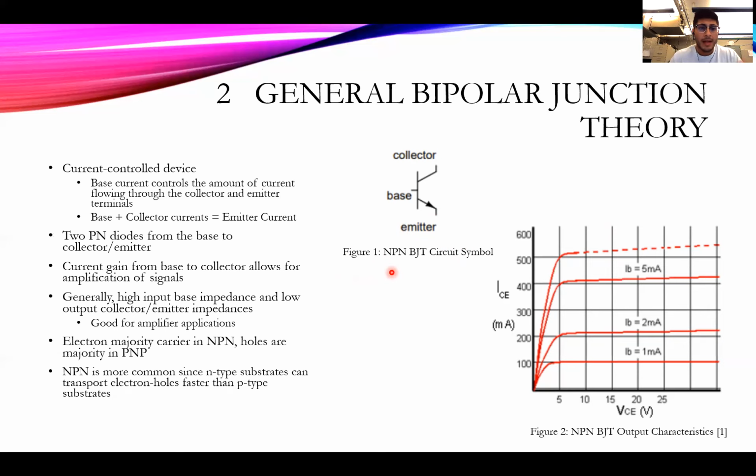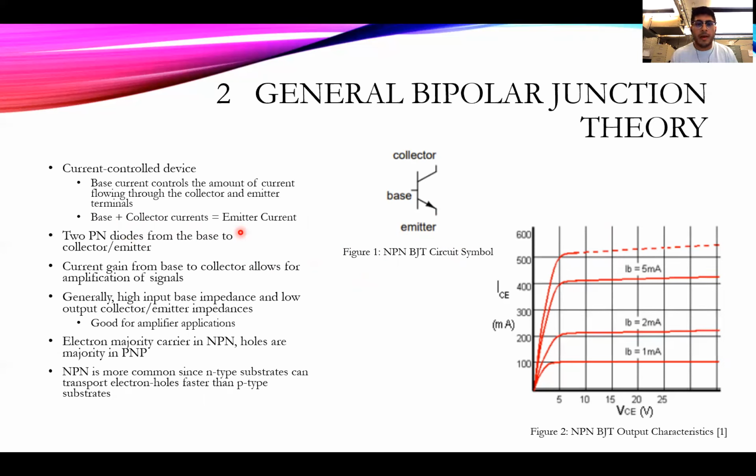NPN means the collector is N-type, the base is P-type, while the emitter is N-type as well. Alternatively, there are PNP transistors, where it goes P-type, N-type, P-type. And like I mentioned, the sum of the base and collector currents is equal to the emitter current.